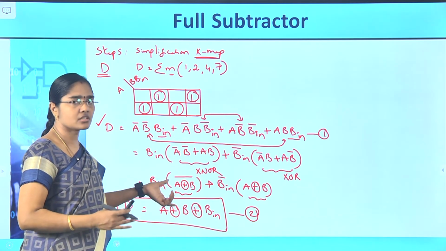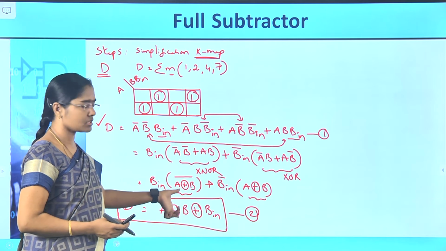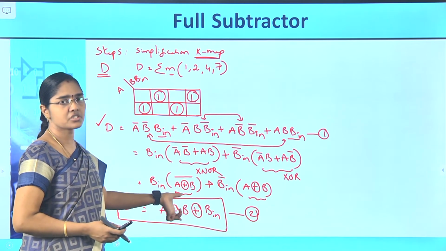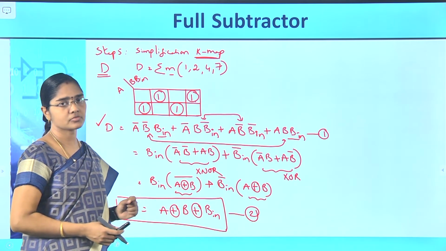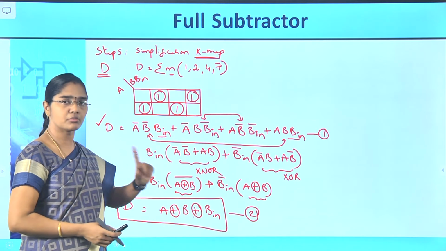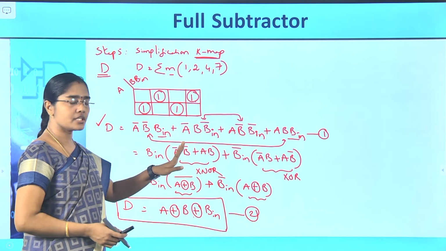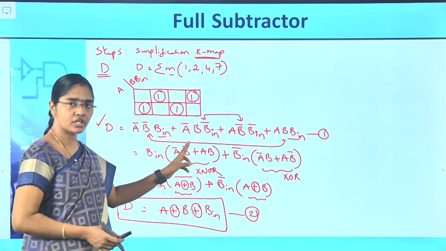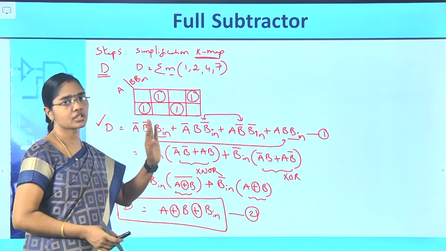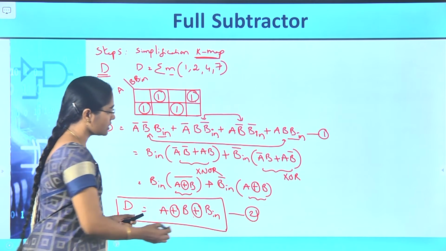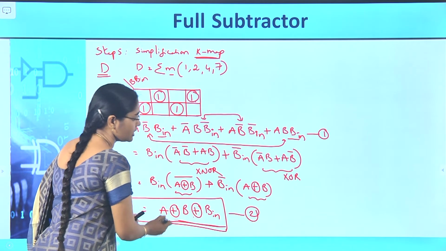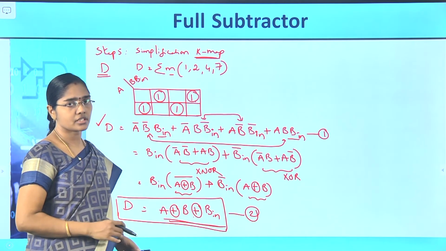So in all textbooks, for the difference, this equation is represented. It requires only one 3 input XOR gate, but here 4 AND gates with 3 inputs, 1 OR gate with 4 inputs and 3 NOT gates are required. So follow this expression for the logic diagram representation.